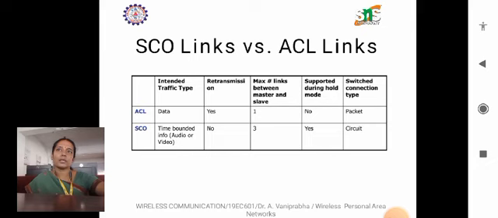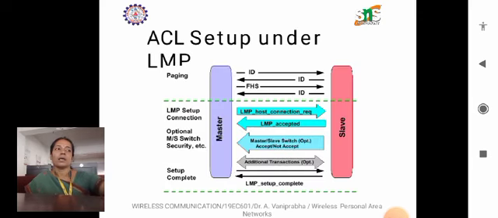Unlike SCO links, ACL links do not guarantee fixed timing or constant bitrate. Instead, they adapt to the data traffic and allocate bandwidth dynamically based on the requirements of each packet. This is the major difference between SCO and ACL links.